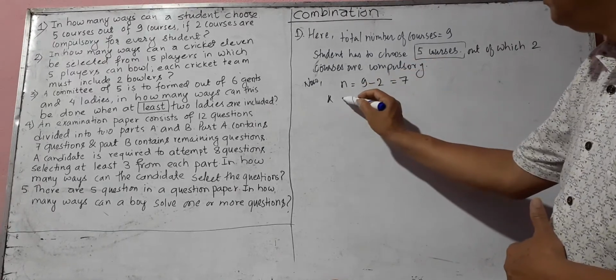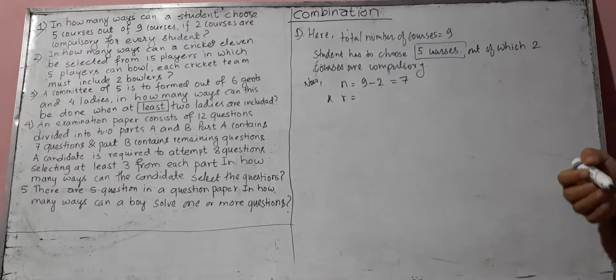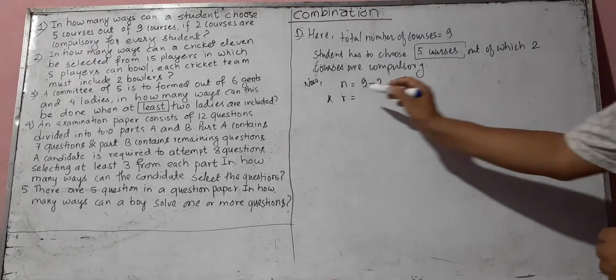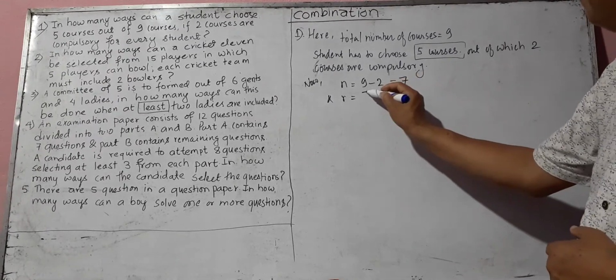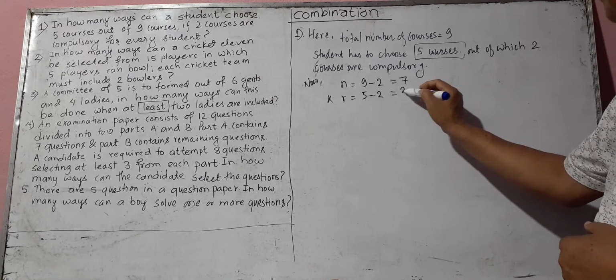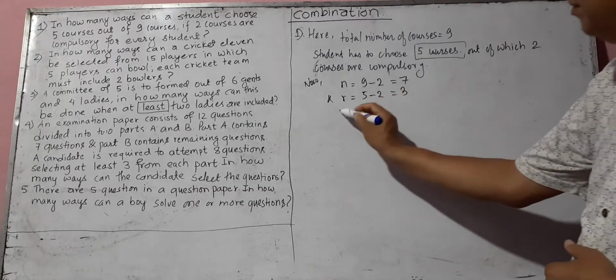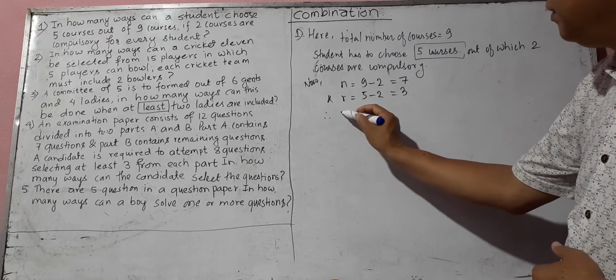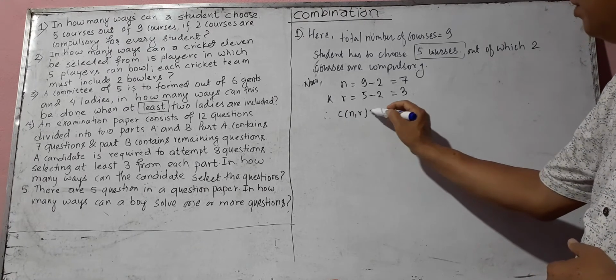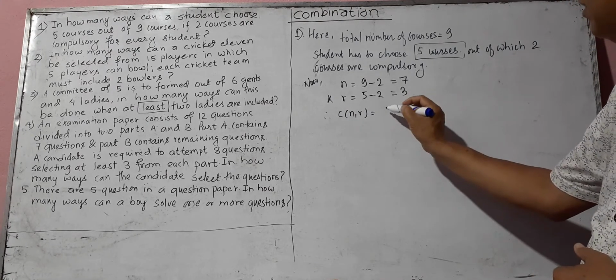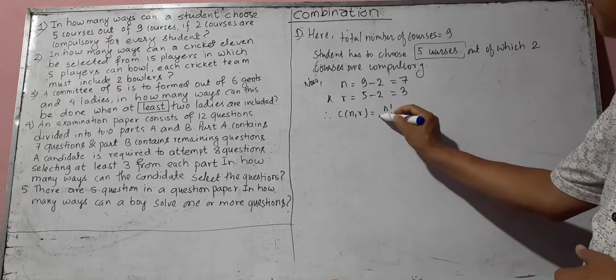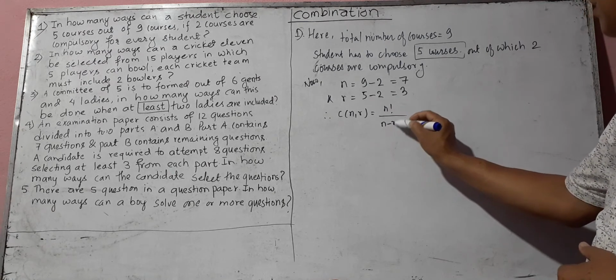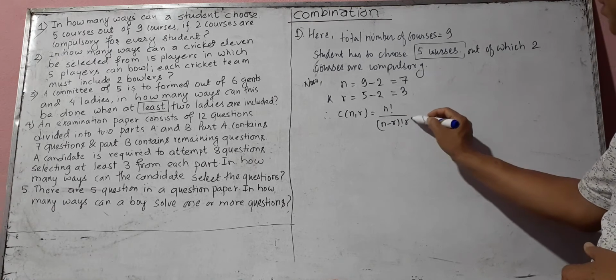And the number of objects to be taken at a time, r, is 5 minus 2, that is 3. Then nCr equals n factorial divided by (n minus r) factorial times r factorial.